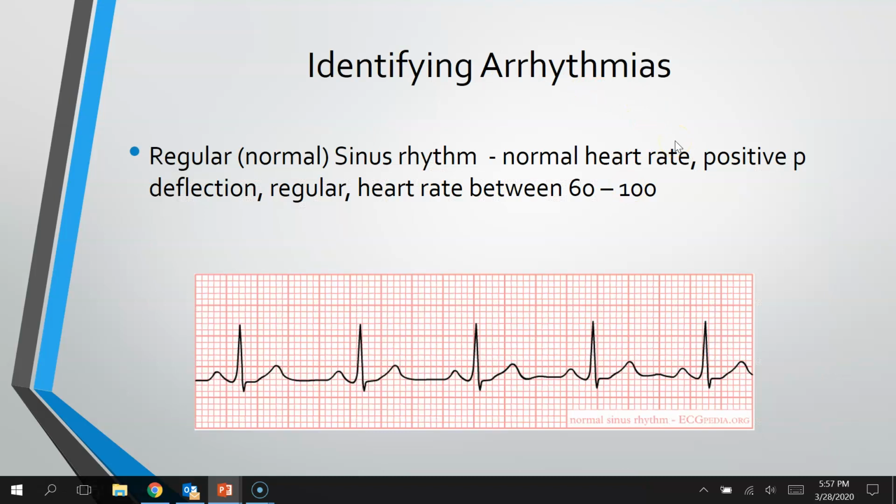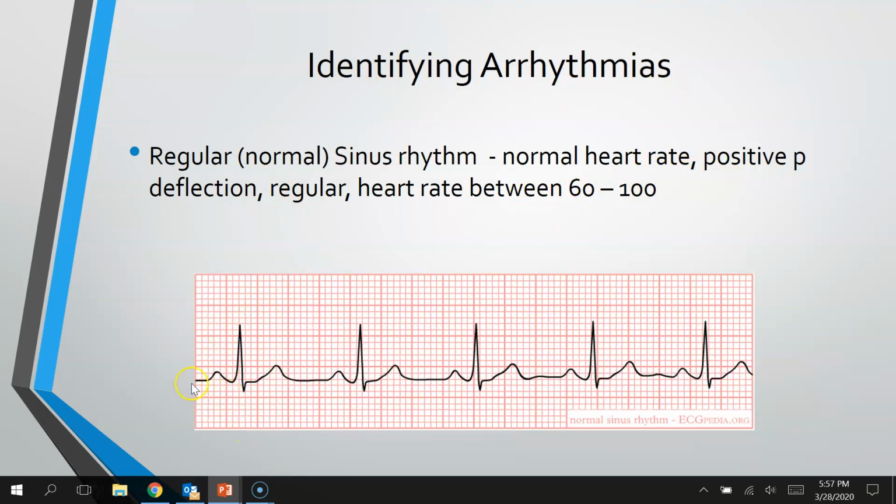So we do need to be able to look at the monitors and identify arrhythmias, because if we're standing there taking a patient history or we're in there while they're doing an EKG, we need to be able to identify these things. So this is considered a normal sinus rhythm, and it is a heart rate between 60 and 100.